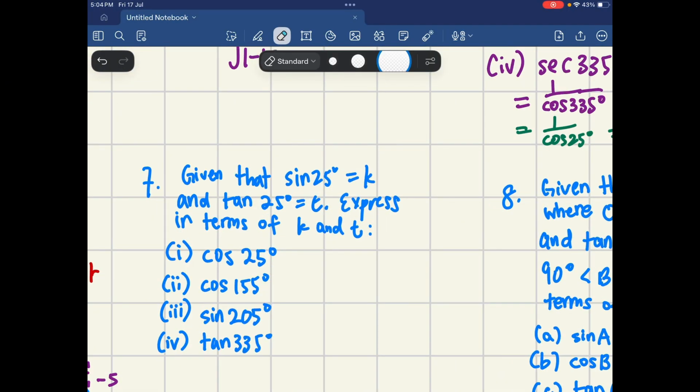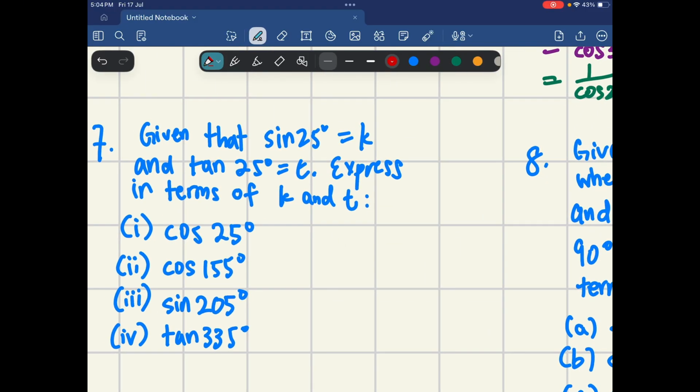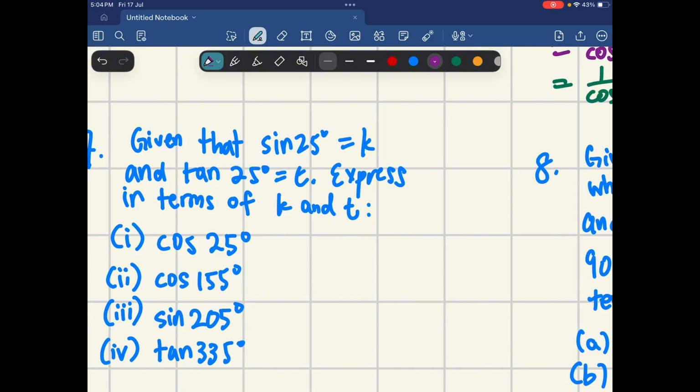So for question 7, it's given two variables. Sine 25 degrees equals k, tangent 25 degrees equals t. So we'll draw out a diagram for 25 degrees. And for the first one, it says that sine 25 equals k. So this will be k, this will be 1, because it's opposite over hypotenuse.